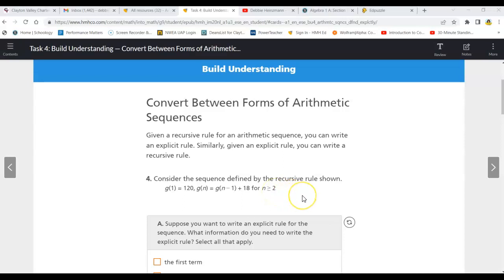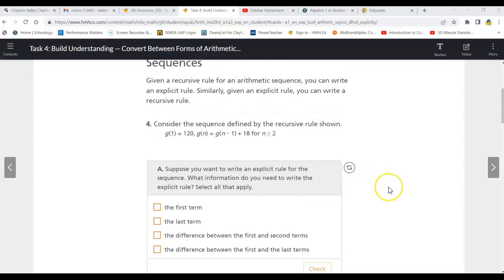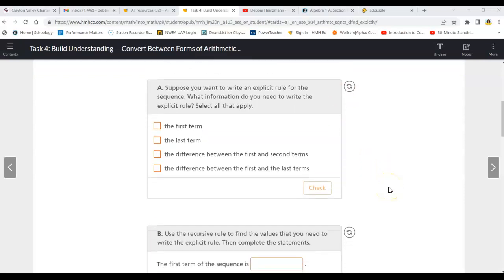Okay, so here we go. Let's answer this question. A, suppose you want to write an explicit rule for the sequence. What information do you need to write the explicit rule? Choose every answer that applies.